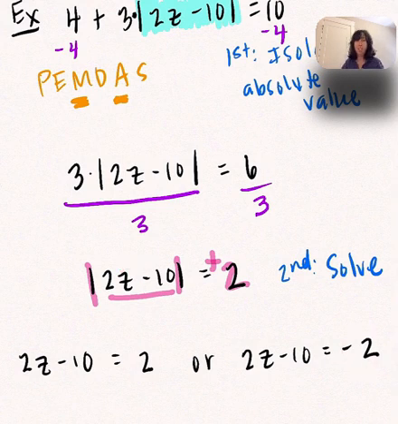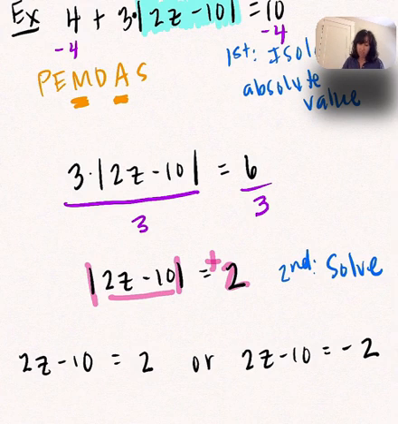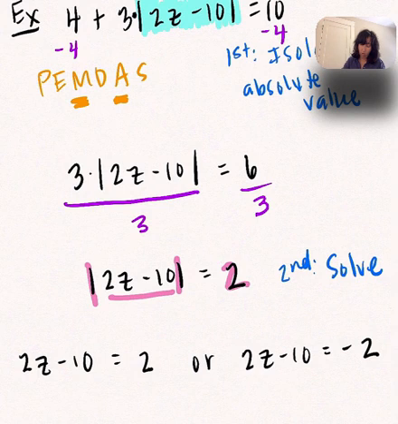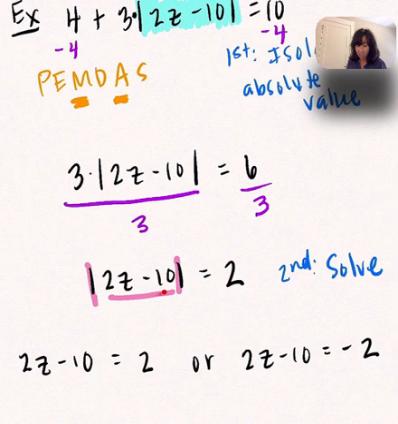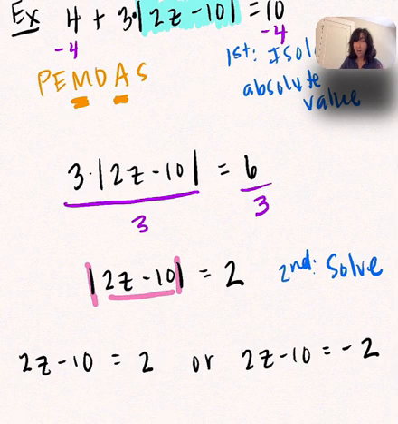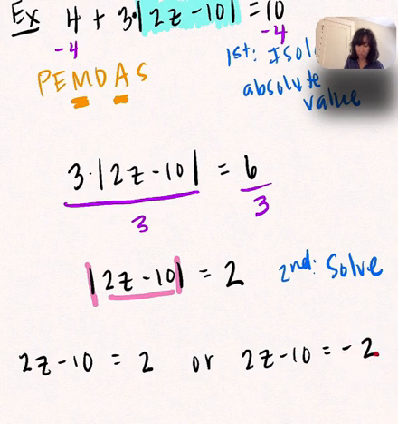What's the logic behind this? Well, in order to get a 2 out when I take the absolute value of something, I need to have either the inside of the absolute value equal to 2, in other words, 2z minus 10 is equal to 2, or I could have 2z minus 10 is equal to negative 2.